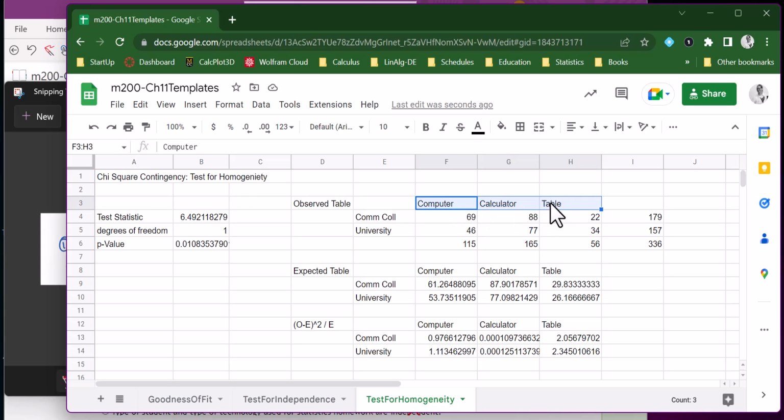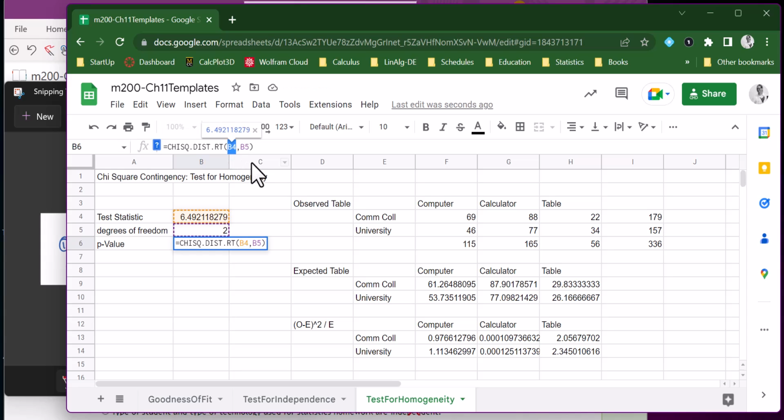So there's 3 categories minus 1. That's going to give us a degrees of freedom of 2. All right, so now we got our degrees of freedom, and this is a chi-square distribution, right tail, where we put in the test statistic and the degrees of freedom, and then we get our p-value.